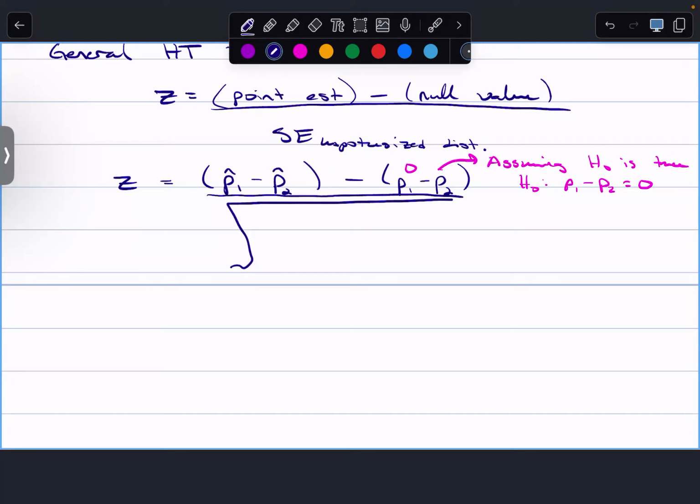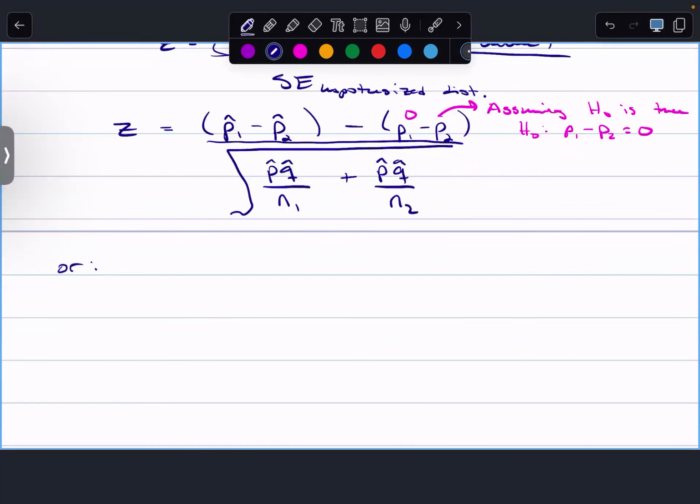If you think about the standard error from the confidence interval, right? We had p1 hat, q1 hat over n1 plus p2 hat, q2 hat over n2, but now I just use the pooled proportion. So I have p hat, q hat over n1 plus p hat, q hat over n2.